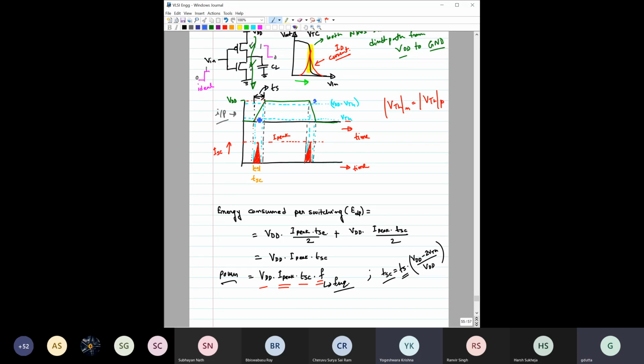So both transistors are on only between these two regions. So this region the transistor is off, this region the transistor is off, and only between these two regions the transistors are on. So (VDD minus 2 VTH) by VDD into TS, will it not give me this TSC? Yes, sir. Got it.